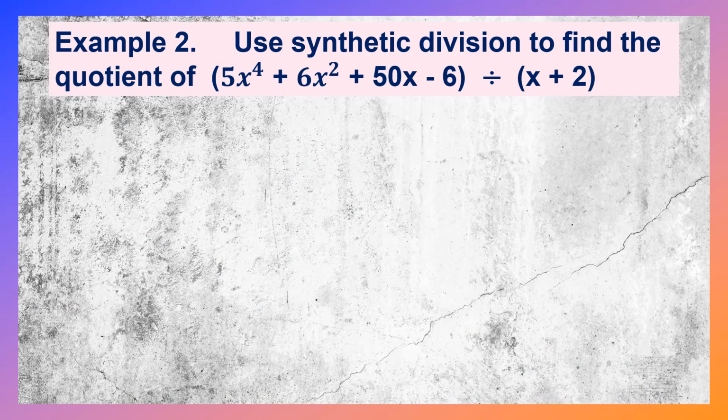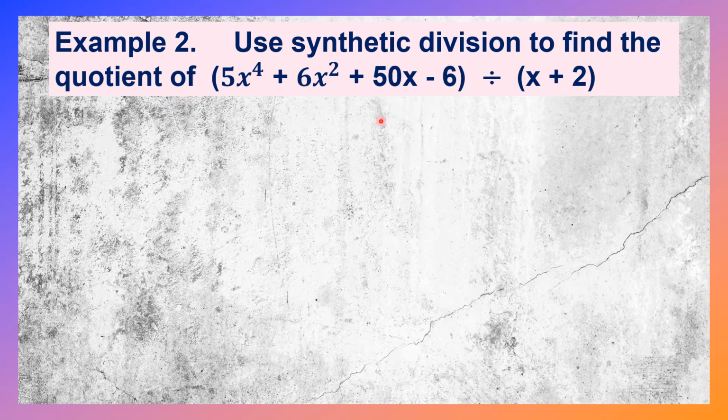Example number 2. Use synthetic division to find the quotient of 5x raised to 4 plus 6x squared plus 50x minus 6 divided by x plus 2. First, look if the dividend is arranged in descending powers. So we have 4, 2, 1, 0.